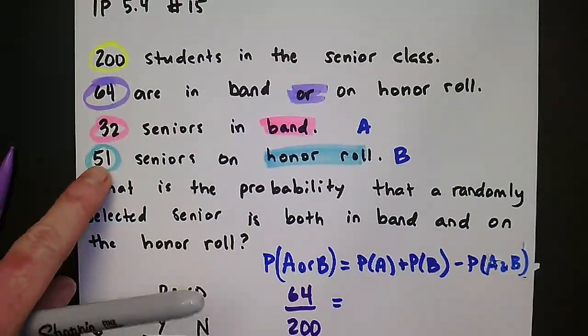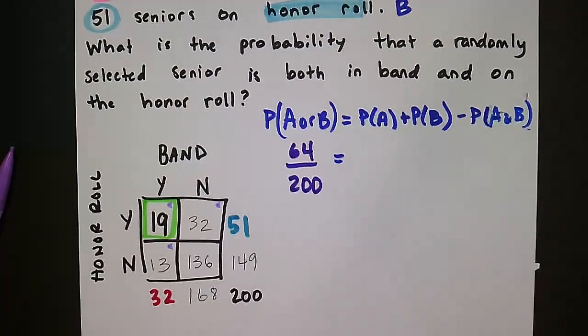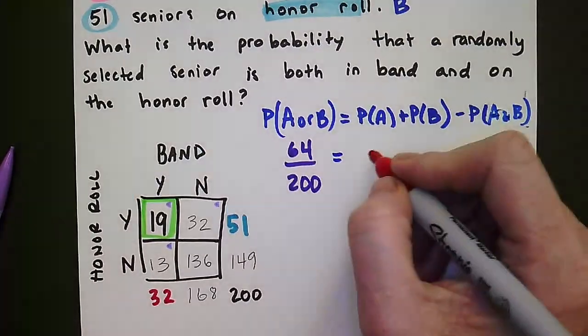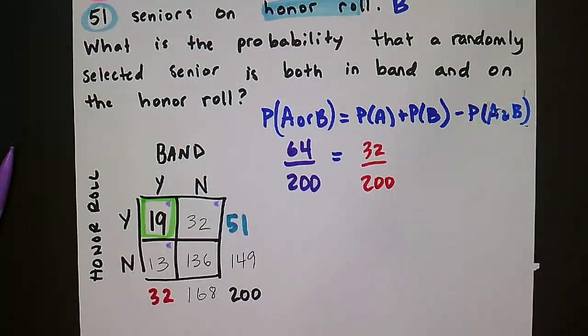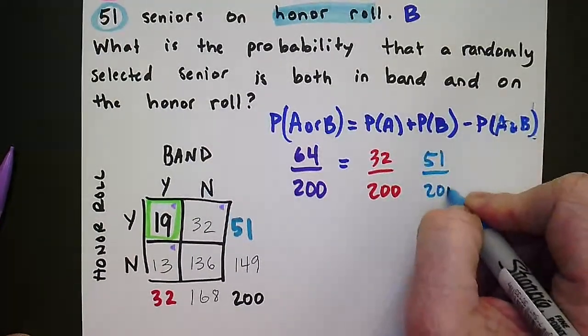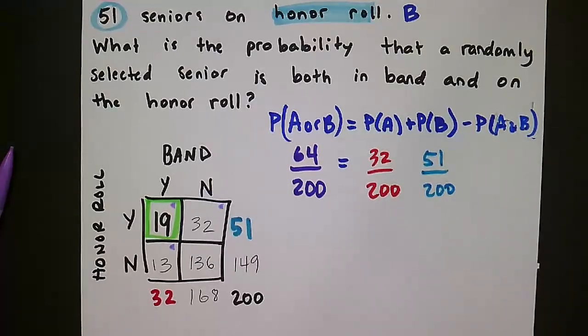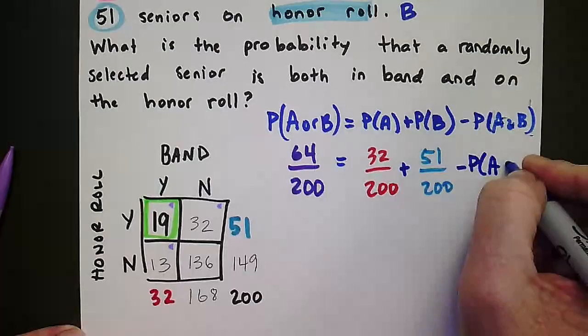And then the seniors is 51 out of 200. So those will be these two right here. I'm going to do 32 out of 200 for band. And then honor roll, that was 51 out of 200. And then what I actually don't know is this, the probability of A and B.